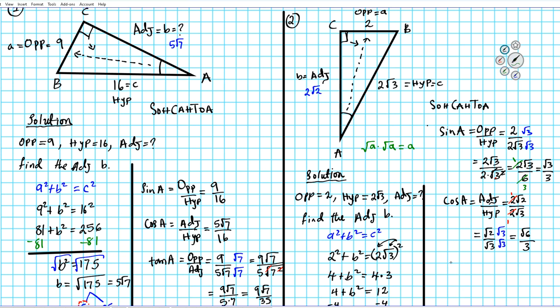And then the last one is tan. Tan A is opposite over adjacent, from TOA. So your opposite is 2 over your adjacent, which is 2 root 2. This can be reduced. The 2's divide out, so 2 goes here 1, 2 goes here 1. So you get 1 over root 2.